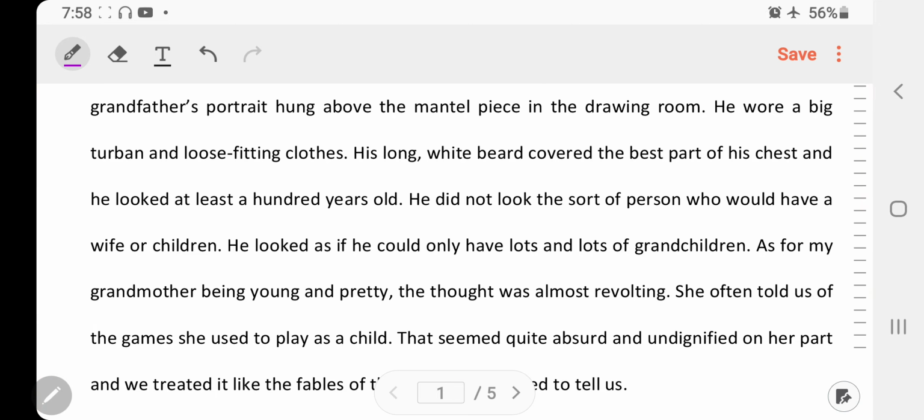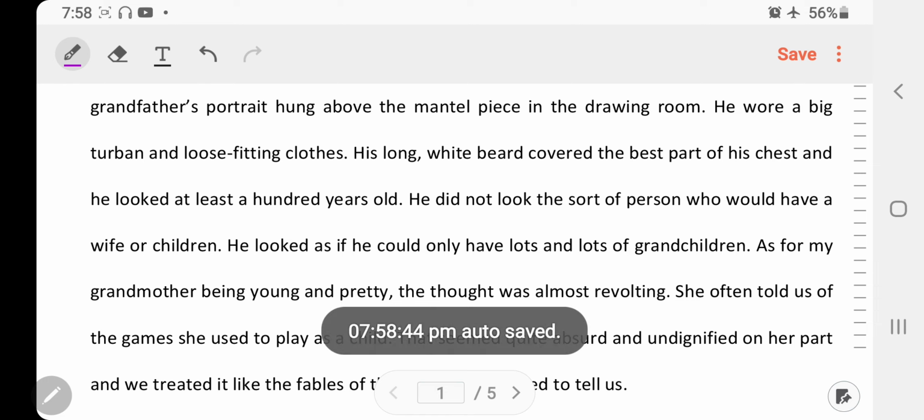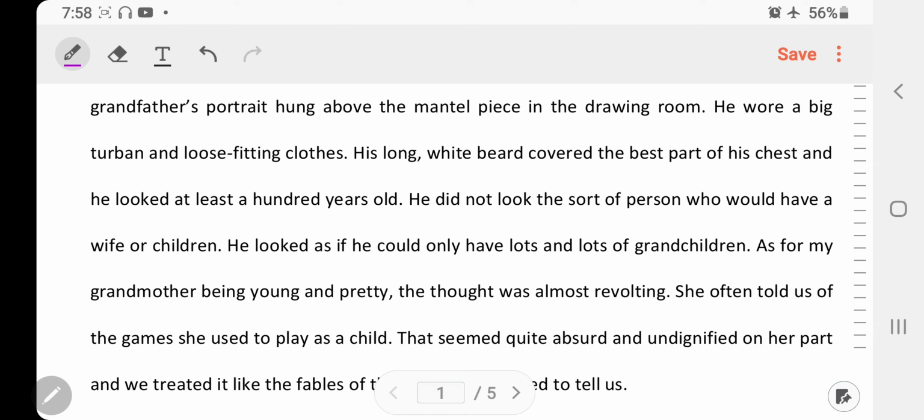His long white beard covered the best part of his chest and he looked at least 100 years old. અને દાદાની જે દાઢી છે એ વ્હાઇટ સફેદ થઈ ગયેલી છે. And it covered the best part of his chest, meaning here the best means most of the part.